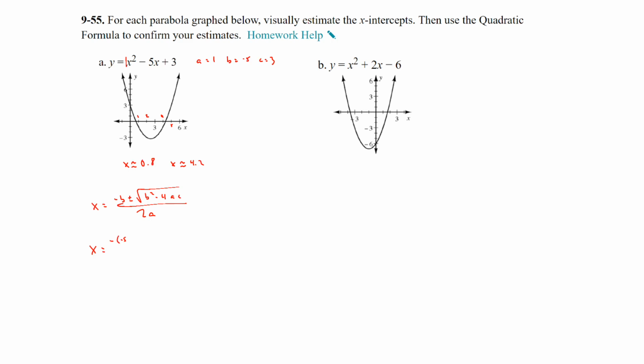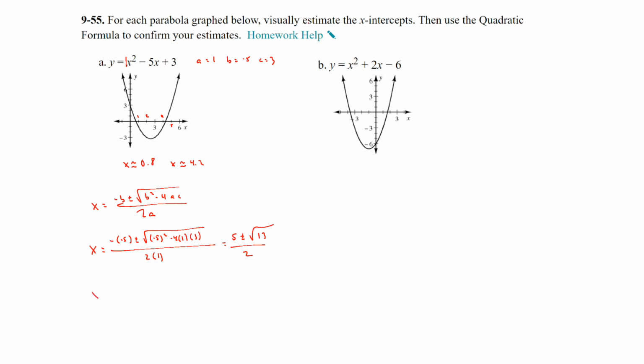So the opposite of negative 5 plus or minus the square root of negative 5, that quantity squared, minus 4 times 1 times 3, divided by 2 times 1. If we simplify that, that would be 5 plus or minus the square root. Looks like that's going to be 25 minus 12, so that's 13, divided by 2.